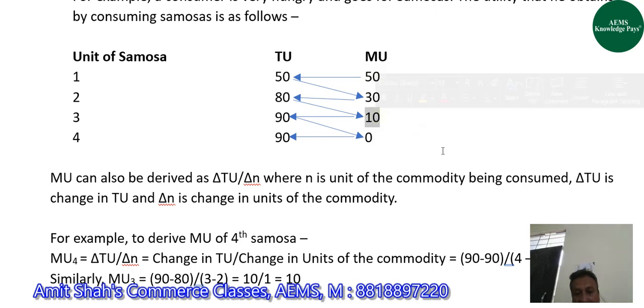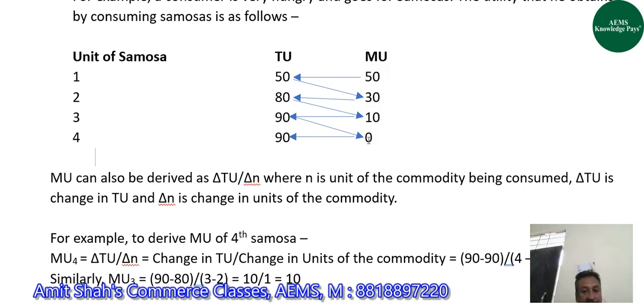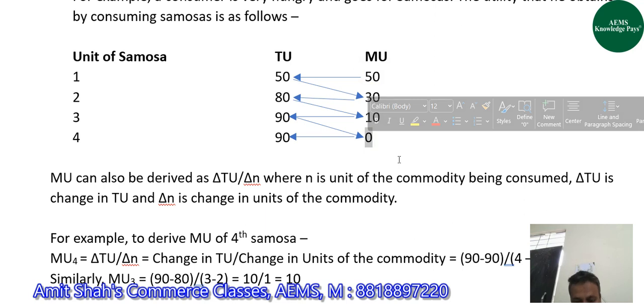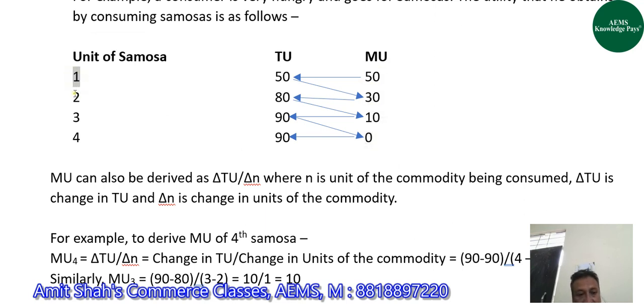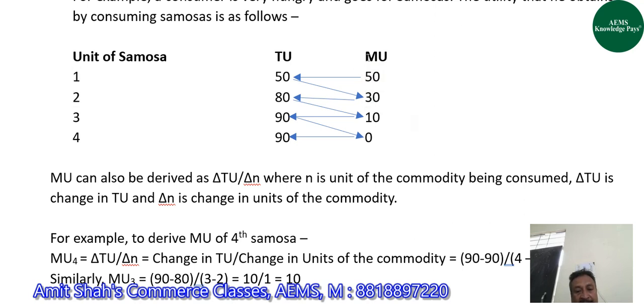Samosa 3 gave him 10 utiles, which is lesser than the marginal utility of the second and first samosas. The fourth samosa gave him nothing, no utility at all. So every successive unit gives a lesser amount of satisfaction than the earlier unit. That is the law of diminishing marginal utility. That is, marginal utility keeps diminishing. Have you got this, guys, or not?